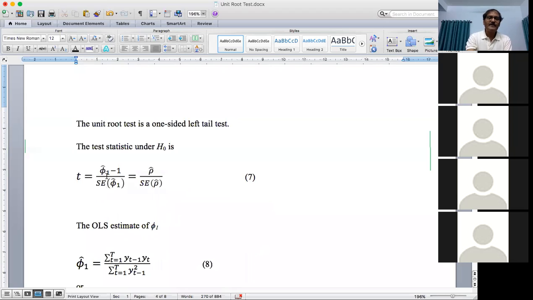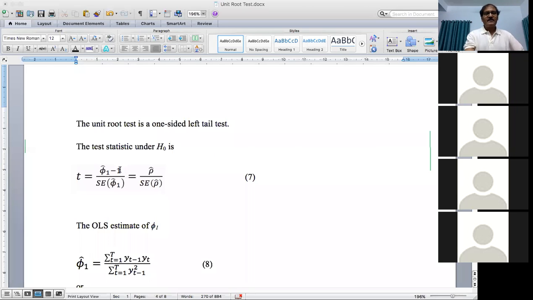So under the null hypothesis, the t statistic looks like this: phi 1 hat minus the expected value of phi 1 hat, and if you know basic econometrics, the expected value of phi 1 hat is equal to phi 1, and under the null hypothesis, phi 1 is equal to 1.